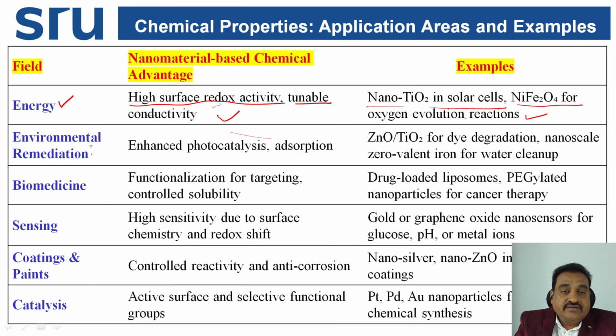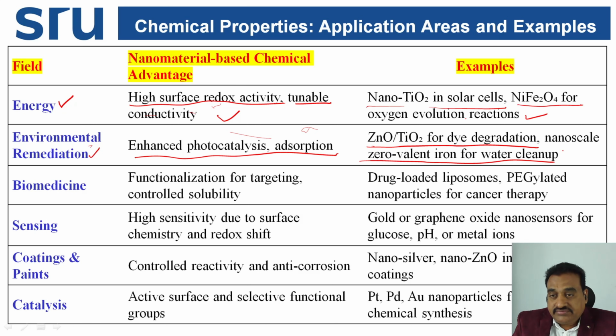Environmental remediation: enhanced photocatalysis and adsorption are the nanomaterial based chemical advantages. The examples are ZnO and titanium dioxide for dye degradation, and nanoscale zero valent iron for water cleanup.